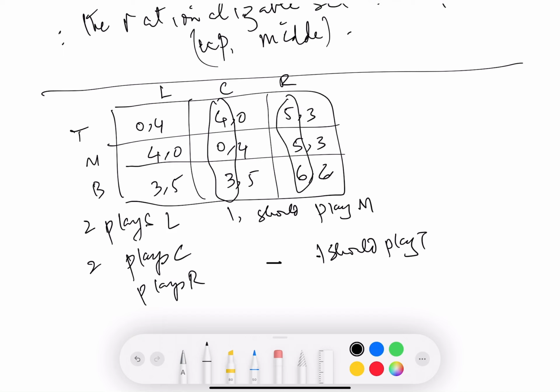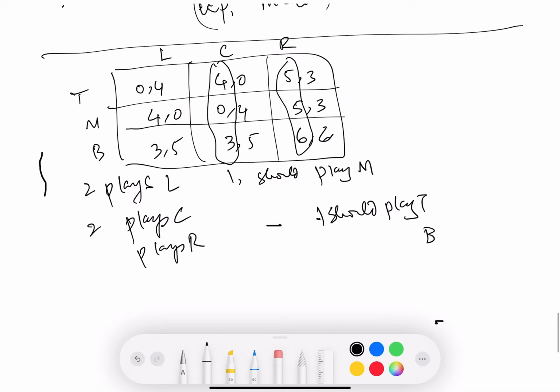Right here, B. So, if player 1 is thinking about choosing between T, M, and B, it just depends on what your beliefs are. What is 2 going to do? There is nothing that I can rule out just based on the assumptions of rationalizability.